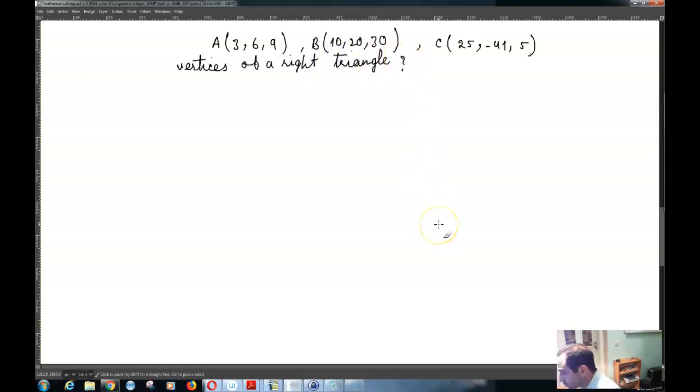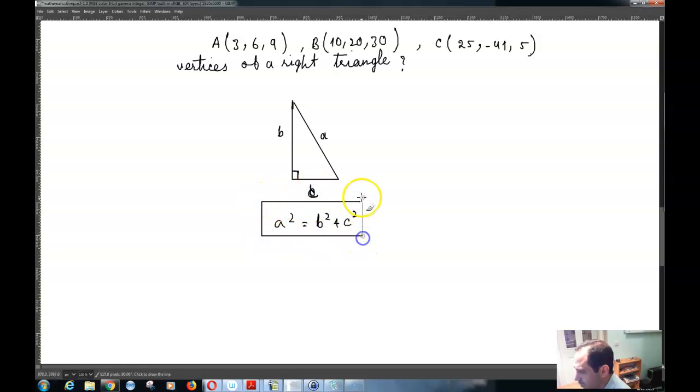So in order to find that out, you know that in a right triangle the Pythagorean theorem holds, meaning that if this is your right angle, then this side A, this side B, for example, this side C, then of course A squared is equal to B squared plus C squared. And so if this relationship exists between the side lengths of the triangle, then of course you can conclude that the triangle is a right triangle.